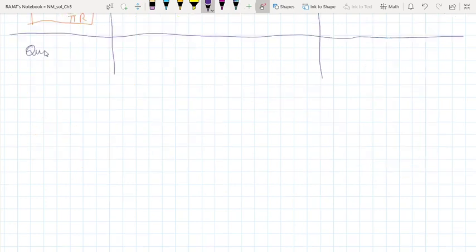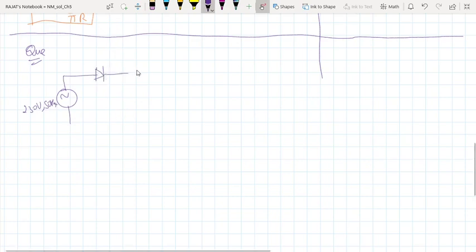Now here is one more question. Suppose you are applying 230 volt 50 hertz through a half wave rectifier, and suppose the load is a bulb, and this bulb is a DC kind of bulb.